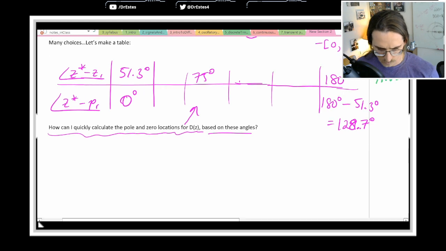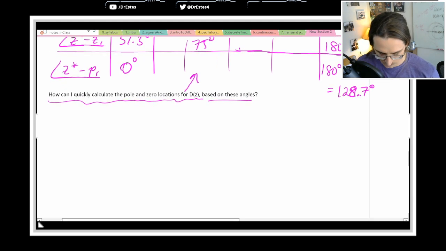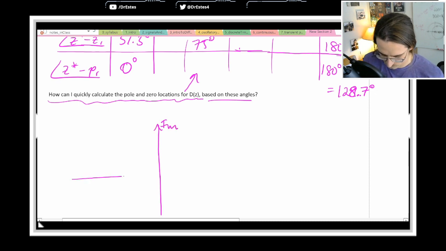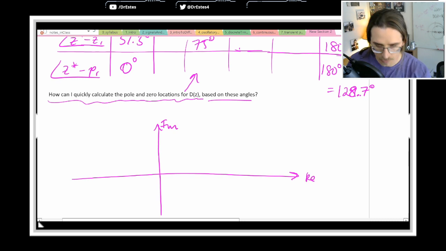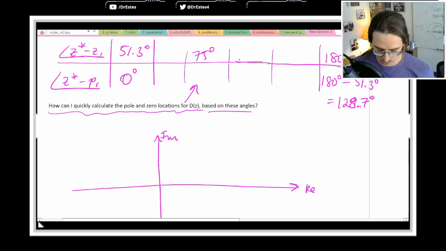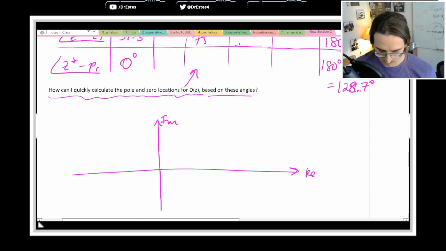So come down here with me. We're going to draw the complex plane again. And we're going to make a generic formula for, based on an angle, finding where a pole or 0 is.